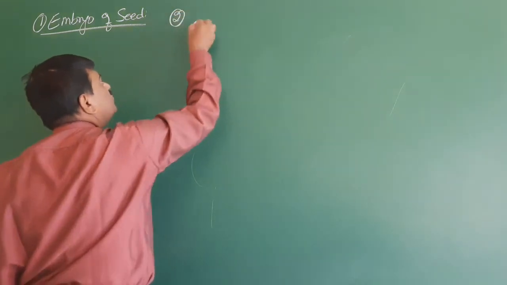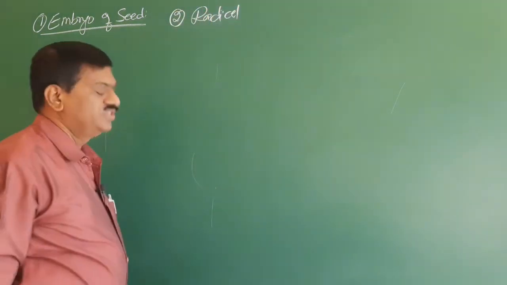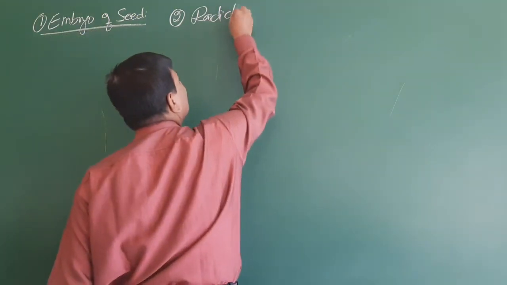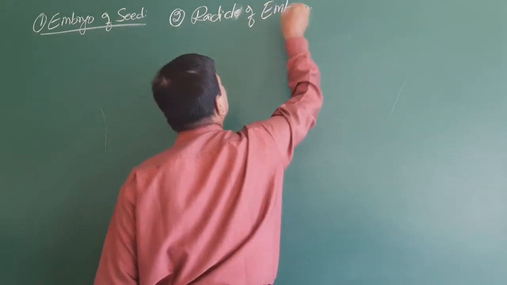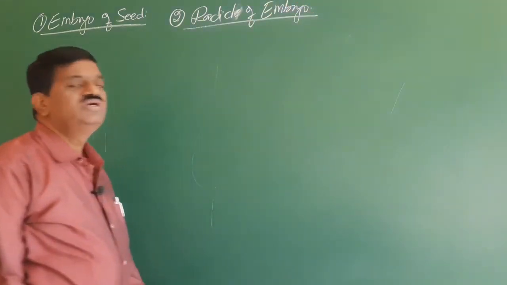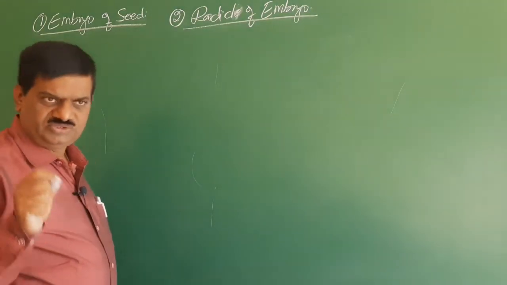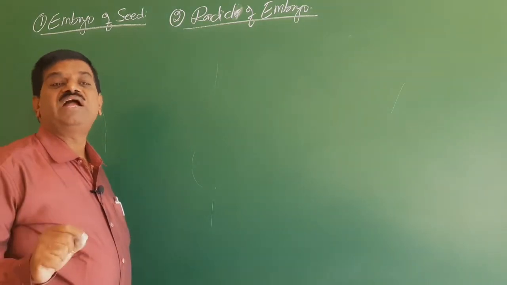So we go for the second one, called radicle of embryo. Whether in a monocot or in a dicot seed, there are two parts present.